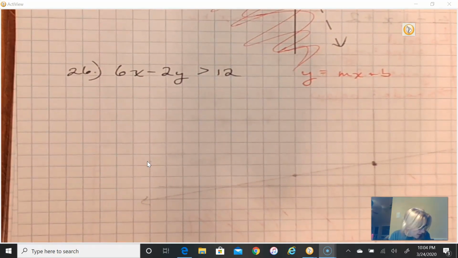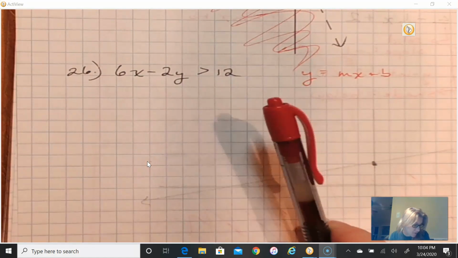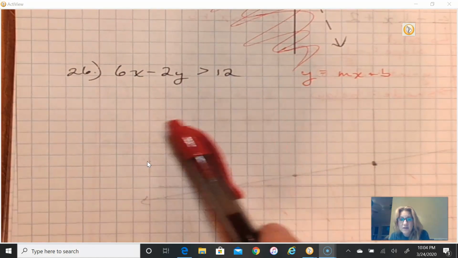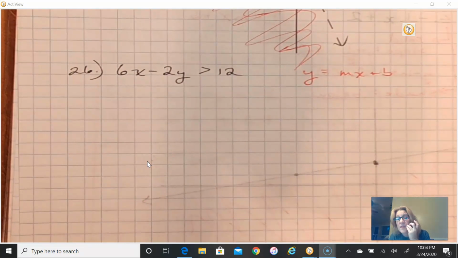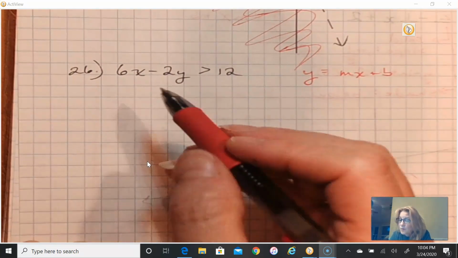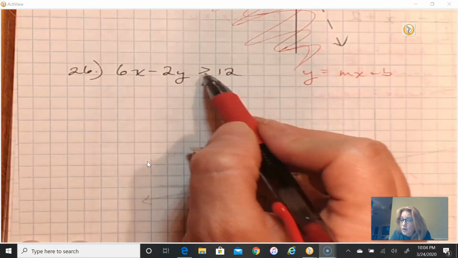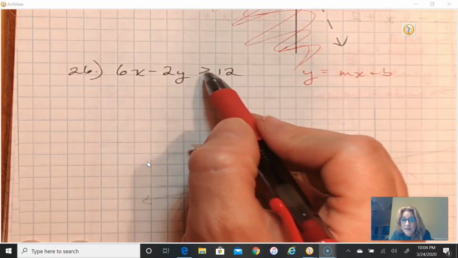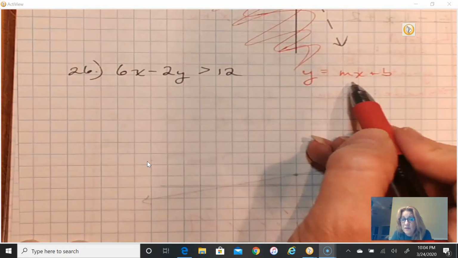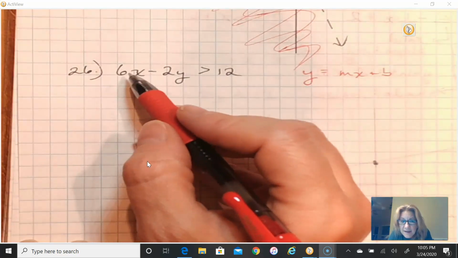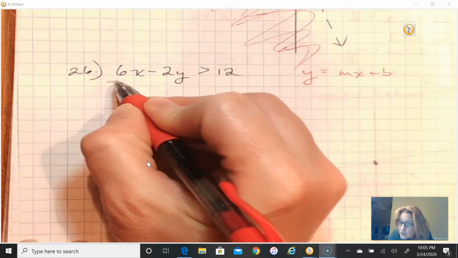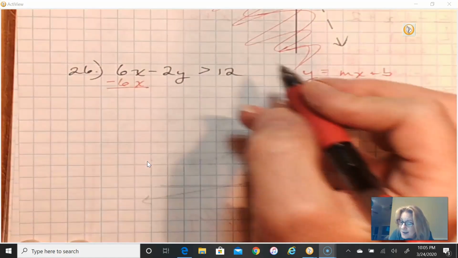A couple of you asked, how do I do this? I can't remember. And I kept saying, go back and look at the video. Now watch this. We have to move this 6x to the other side of this inequality. This is a positive 6x. To move it, we have to subtract it. That's the opposite.